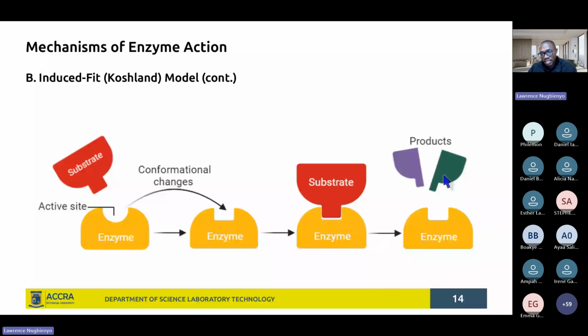And so the product later can be released from the enzyme. You have the free enzyme to continue the reaction. So that was the induced fit model, a build up on the proposal of Fischer.